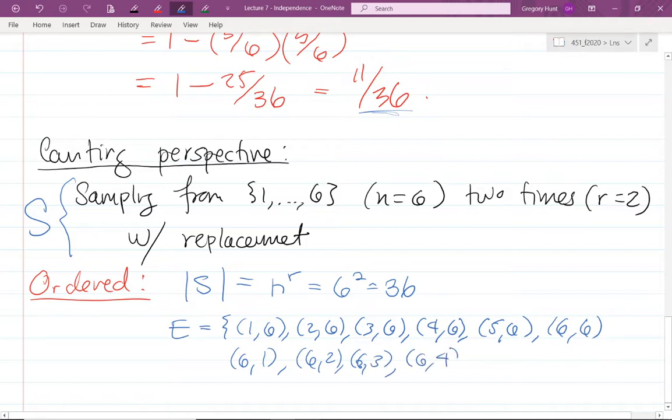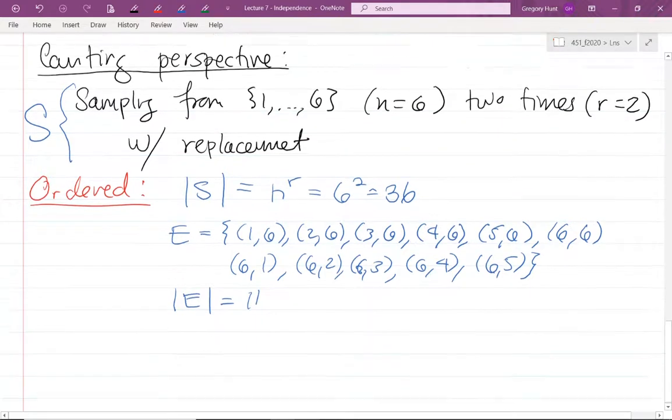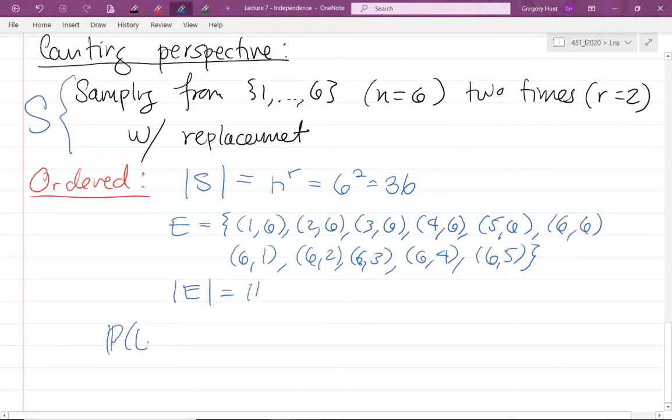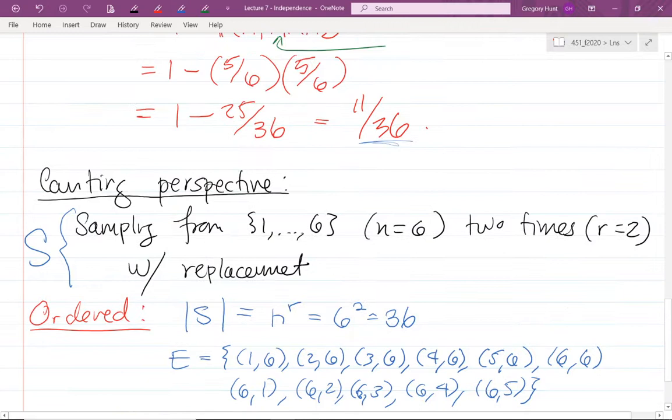Let's enumerate or write out those possibilities. And so in total, we get the size of E is 1, 2, 3, 4, 5, 10, 11. And so it looks like the probability of E would be 11/36.